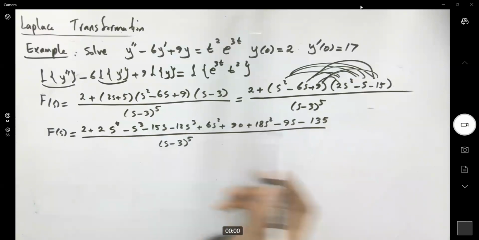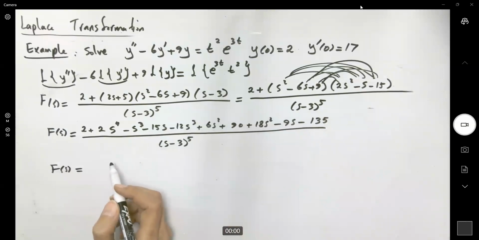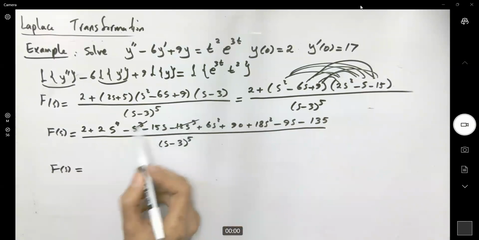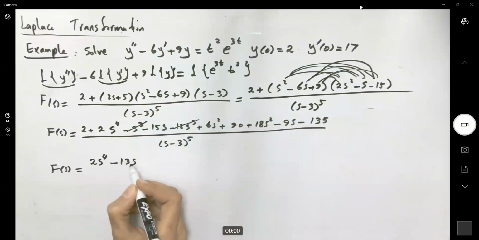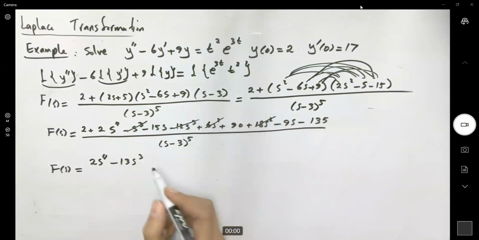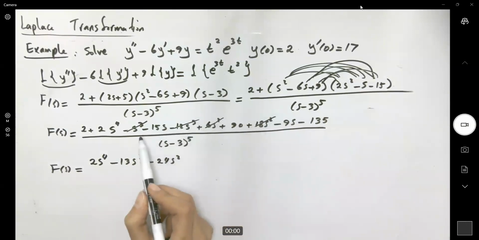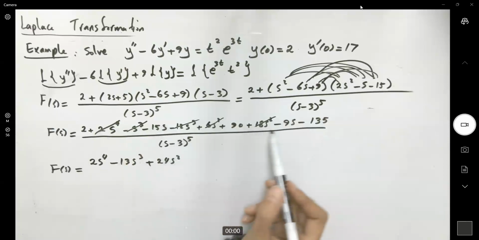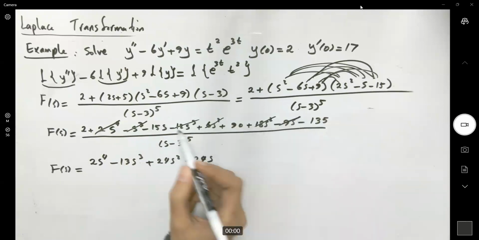Now you need to combine like terms in the numerator. We get 2s to the 4th minus 13s cubed, and here you have 24s squared, and here you have negative 15s minus 9s, negative 24s.